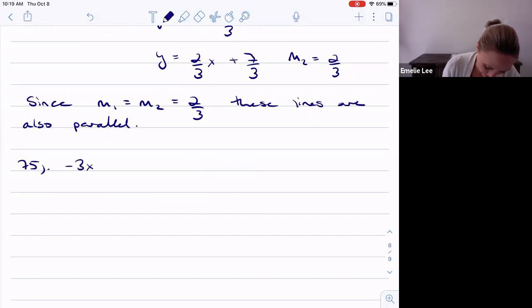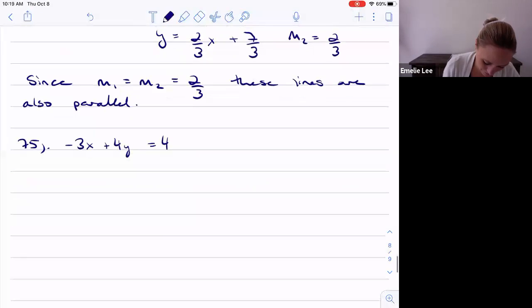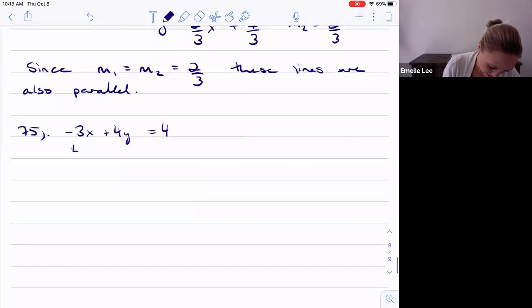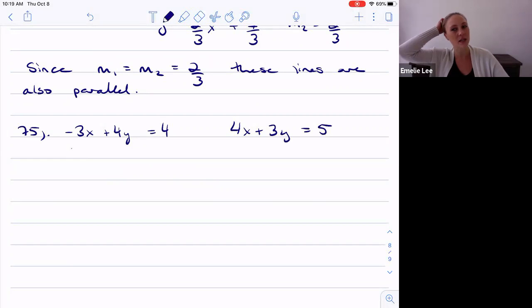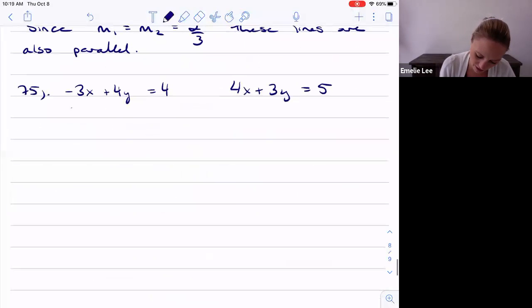Negative 3x plus 4y equals 4. And 4x, you know what I might do? Because I have to solve these both, 4x plus 3y equals 5. Maybe if I put them side by side like this, we can have it all on the same page, so I'm not scrolling so much.